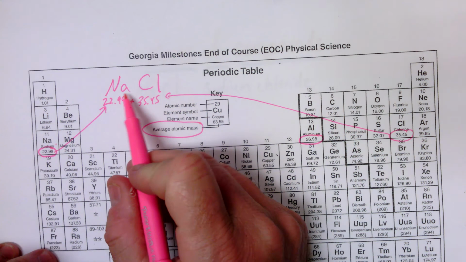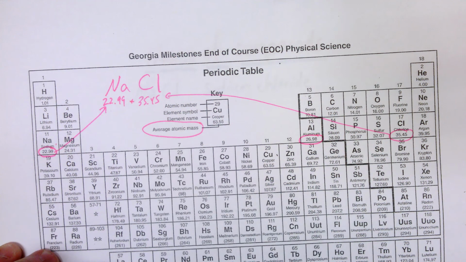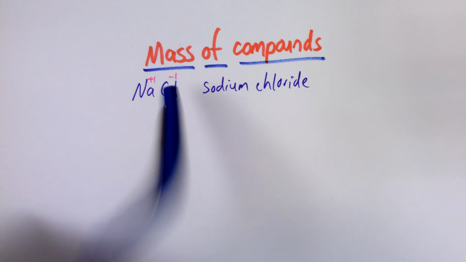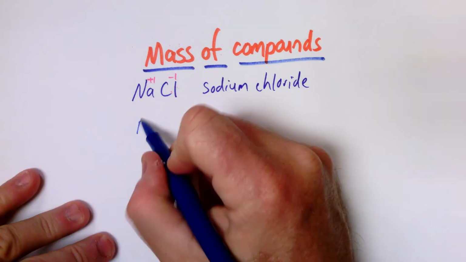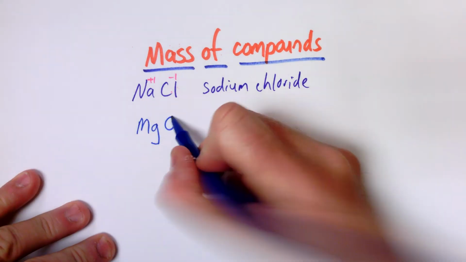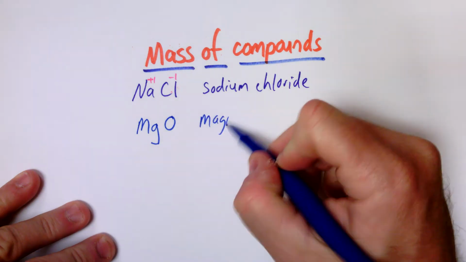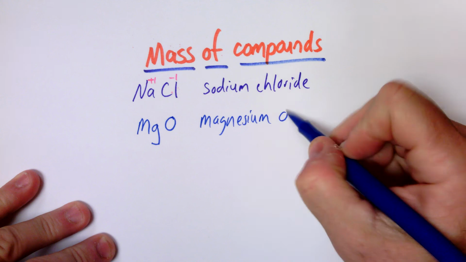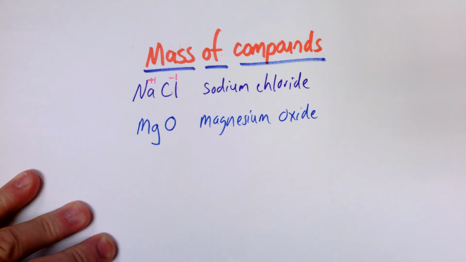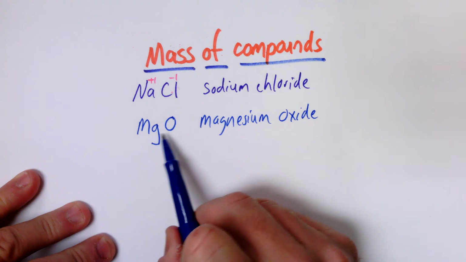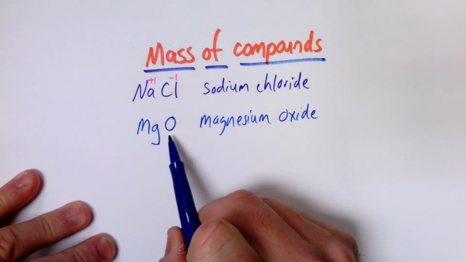So this one wasn't too bad as one sodium and one chlorine, but you should realize by now that not all formula units are simply one of one and one of the other. If I had magnesium oxide, its formula mass is going to be the mass of one magnesium and one oxygen.